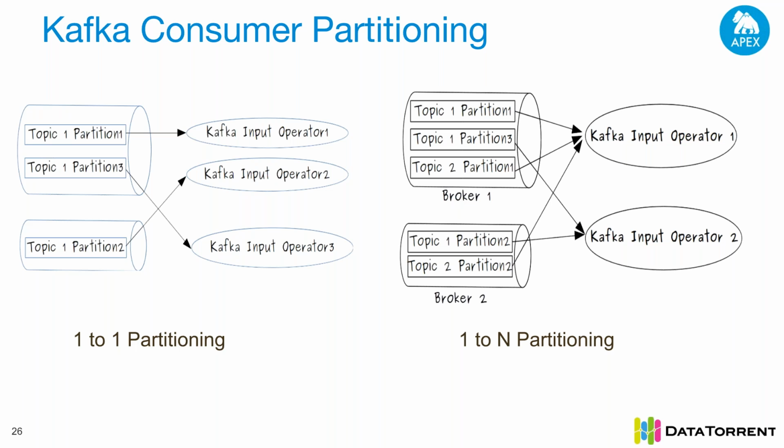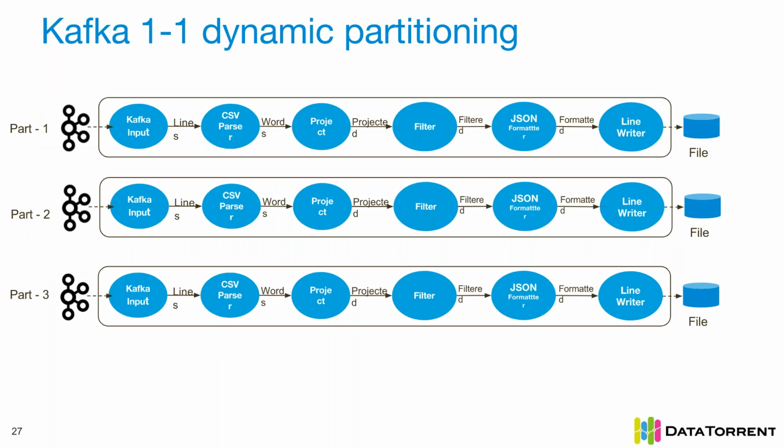In one-to-n partitioning, one input operator partition can be mapped to multiple Kafka partitions. You just provide the value of n, and it automatically makes these decisions.